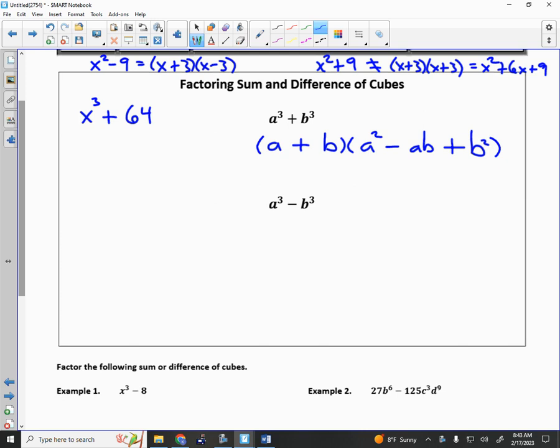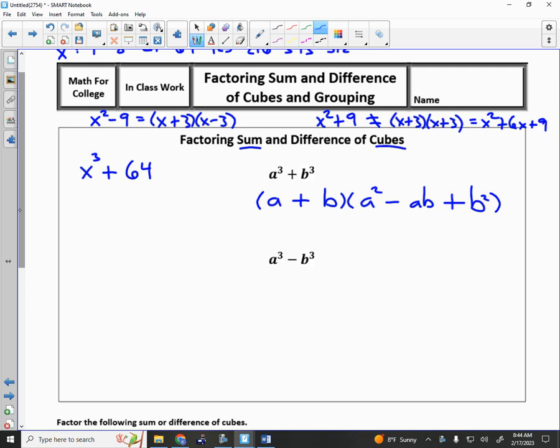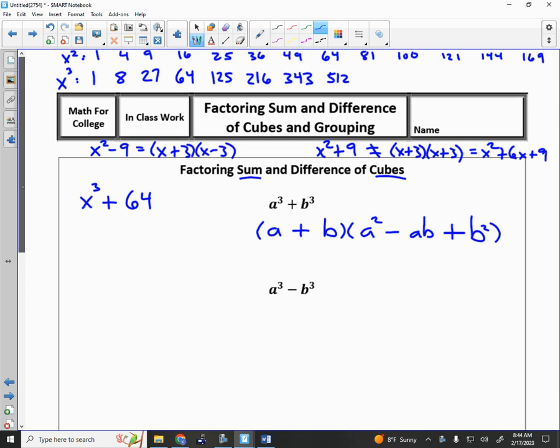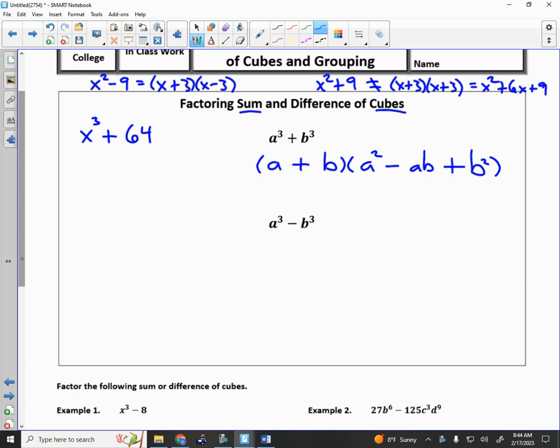So let's try factoring x cubed plus 64. Right away you recognize it's the sum of perfect cubes because we've got x cubed and because we've got 64. So this tells me it's perfect cubes, okay? Everybody good? All right, let's factor it.